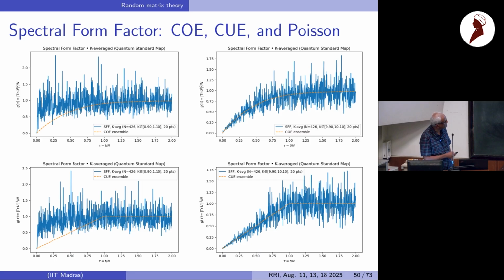So these things are coming from some properties of periodic orbits and so on. This has to do with fluctuations in the periodic orbits itself. So there's a lot of dynamics in this, which means that it's not universal till you do this average.